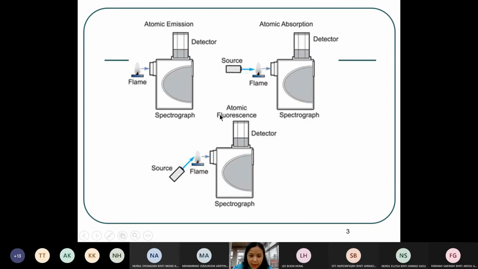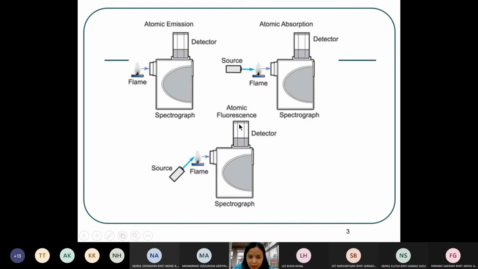In contrast, for AFS, the light source is never placed in parallel with the atomizer and, most importantly, the detector. There must be an angle, not in parallel. The best position is at 90 degrees, but sometimes 45 degrees or more than 0 degrees. As long as it is not in parallel, it is good.